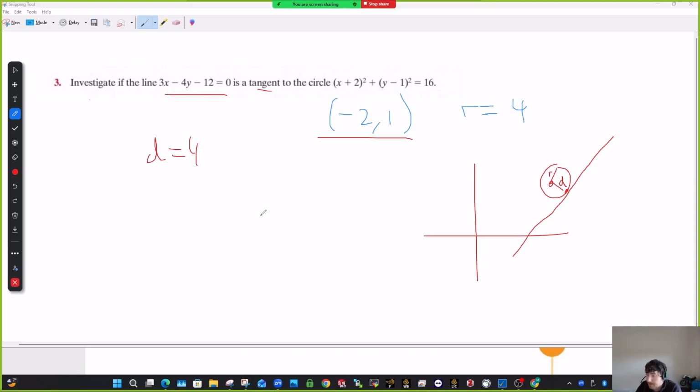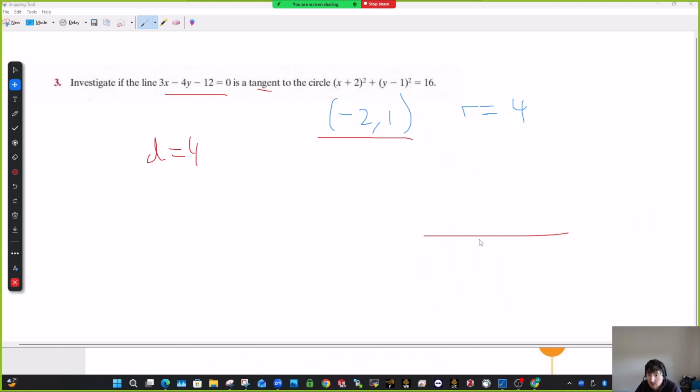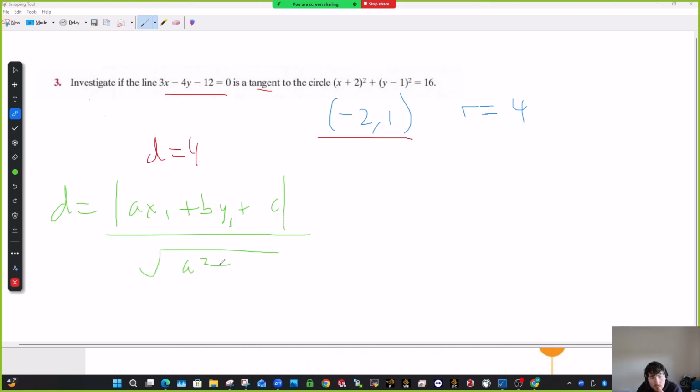They're both 4. I drew a sketch of that before. Anyways, let's set this up. The way you get the perpendicular distance is this formula: ax1 plus by1 plus c over root a squared plus b squared.